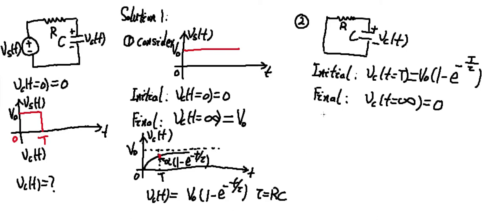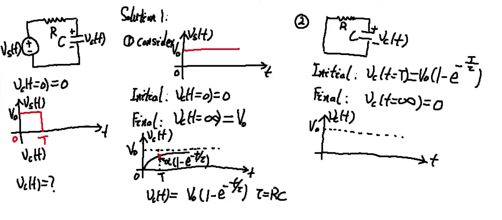And then we can, again, graphically express the solution. So here is T, here is Vc(t), here is V0. According to the first step, we calculated what happens between 0 and T. After T, it will no longer do this, but instead, the new initial point is this, and the final point is 0.